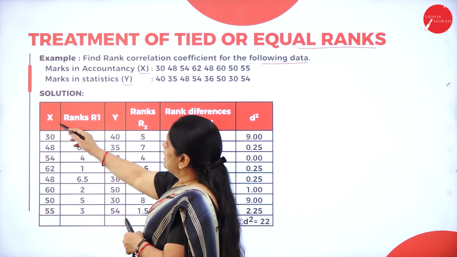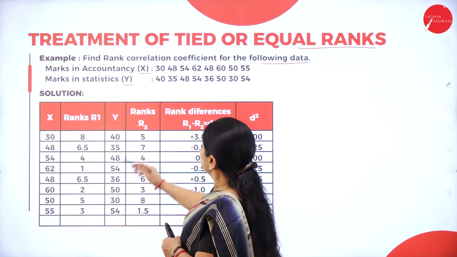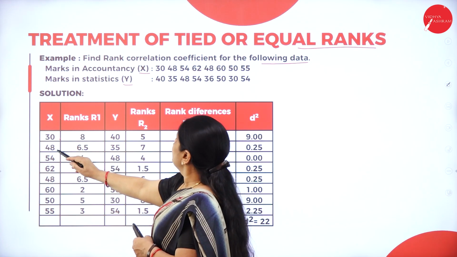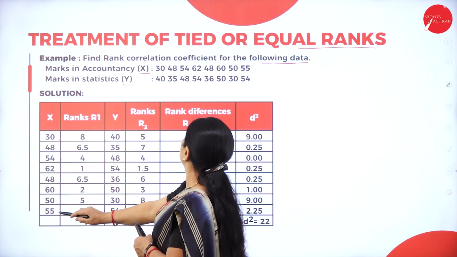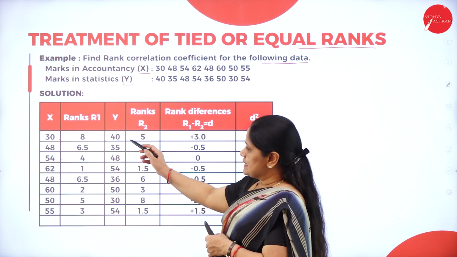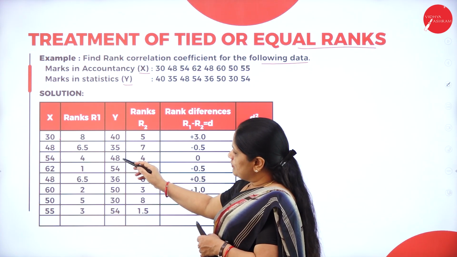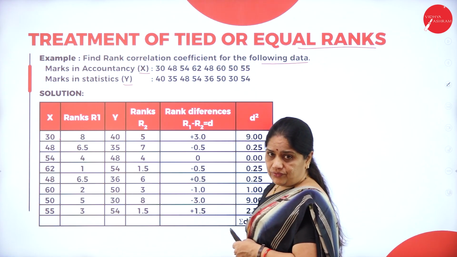Now for the marks in accountancy, I have taken it as X. Now I have written down all the marks, that is 30, 48, 54, 62, 48, 60, 50 and 55. Then I have the marks in statistics here: 40, 35, 48, 54, 36, 50, 30 and 54.